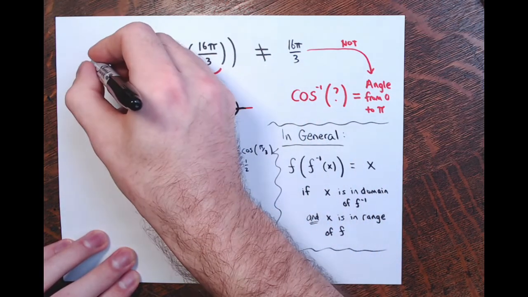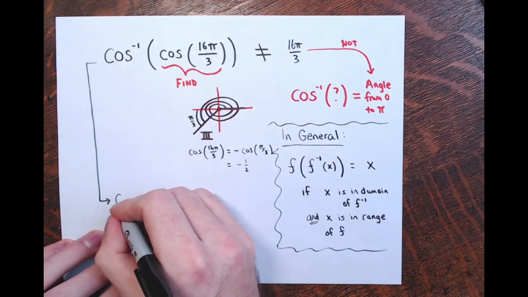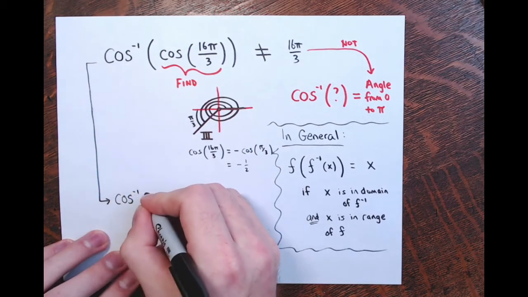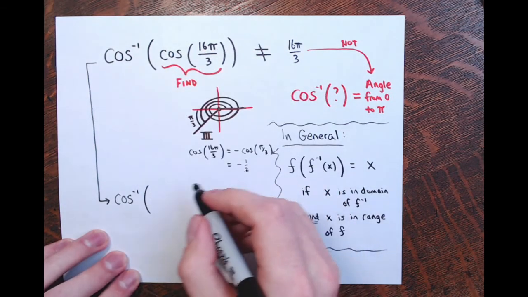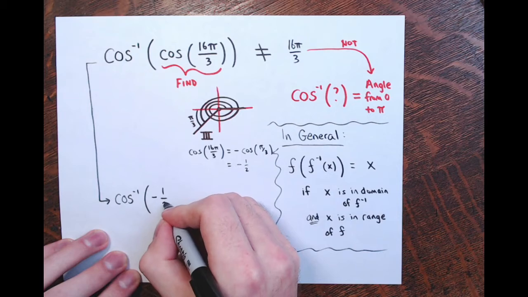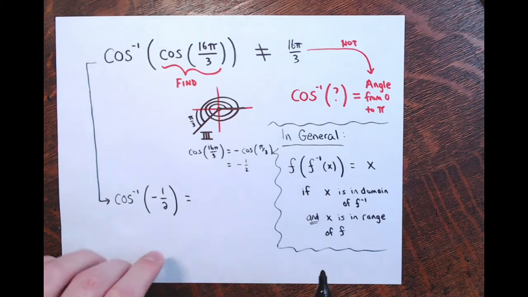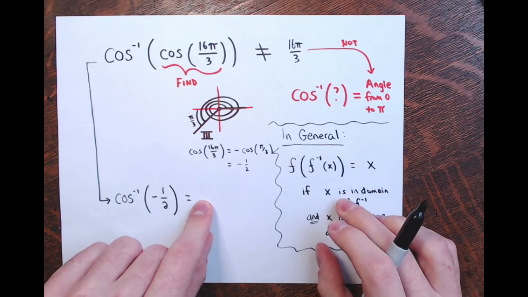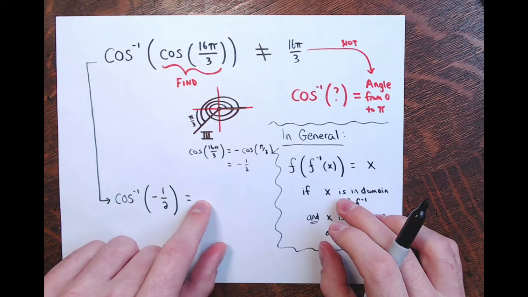So now, what's the inverse cosine of the cosine of 16 pi over 3, which is negative half? Now I'm asked to evaluate this. And again, the output is an angle from 0 to pi. What angle from 0 to pi has a cosine of negative half?